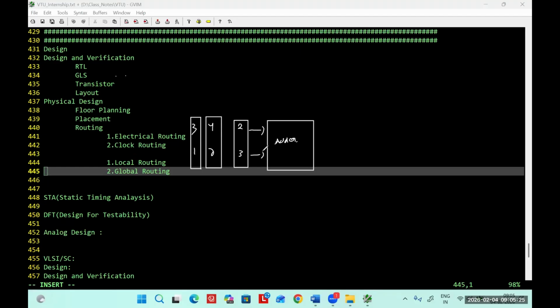What do you call this process? Verification. Needed or not needed? You decide. Only design is not enough; verification you need to do. You have verified. Since I got a proper output, you will put a tick mark.